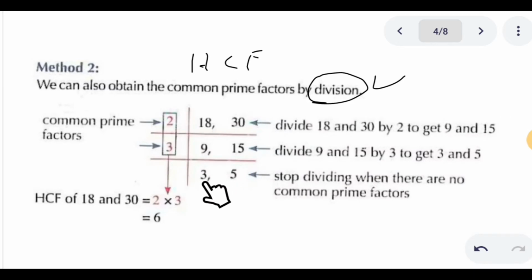Now 3 and 5 are not divisible by any common prime factor. So we stop dividing here, list the prime factors like this, and then multiply them to get the HCF of those numbers.